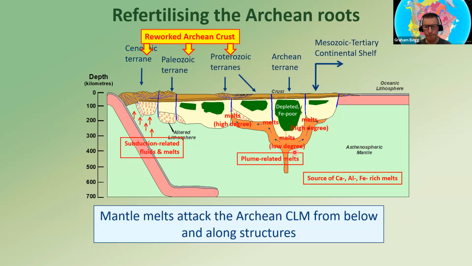So what we're finding is that under our Archean terrains, we've got a lot of this old depleted, iron-poor, well-preserved old residue from these early plume melts. But under our Proterozoic terrains, because of the overprinting, we preserve less and less of this old depleted material. And the main agent of change is magmatism and fluids associated with subduction.